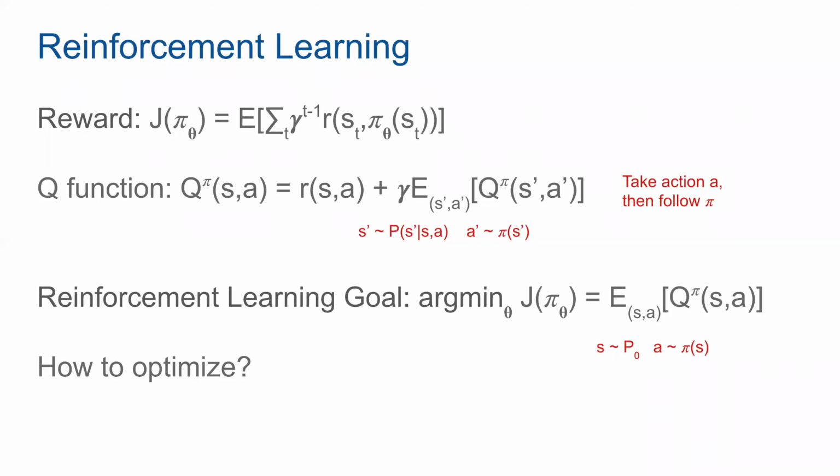One important notation that I'm going to add right now that's very important for reinforcement learning, somewhat less important for imitation learning, so I didn't add it earlier in the notation, is this notion of a Q function. A Q function is specified by a policy pi, that's the superscript, and it takes as input a state action pair, and it represents the reward function of taking an action A at that state S, and then following policy pi into the future.